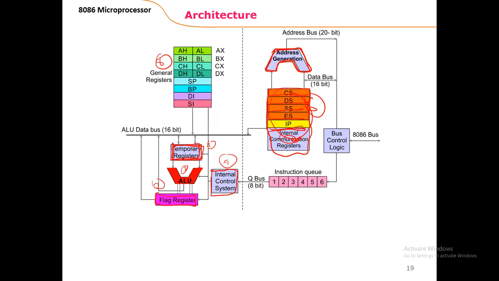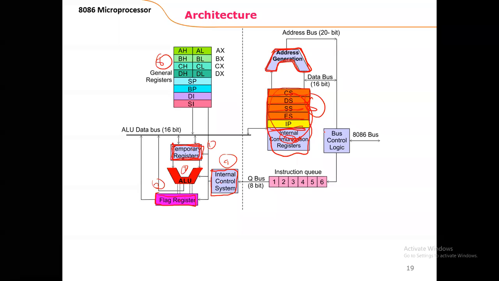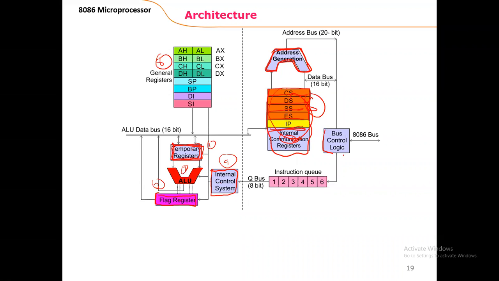Clear? Now this block is on the same line as this point, covering this line, with a small cover of this line, this line and this line the same. This is the bus controller.